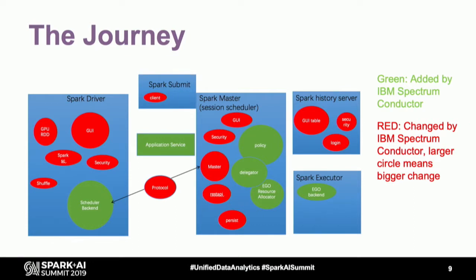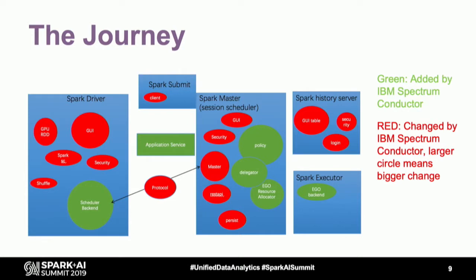So then we have the Spark Master, or as we will call it, the session scheduler part of the Spark Master here as well. So we have the GUI, which we changed, just like the driver, because we have some additional fields for ego. We've changed the security for the SSL. We've changed the master logic within the Spark Master, the key components there.